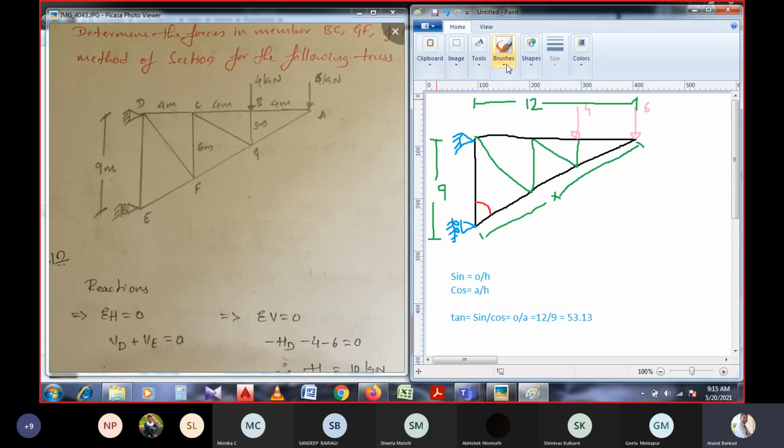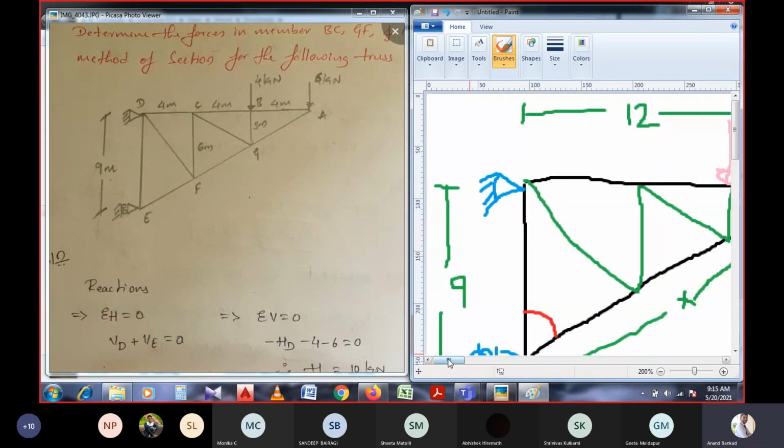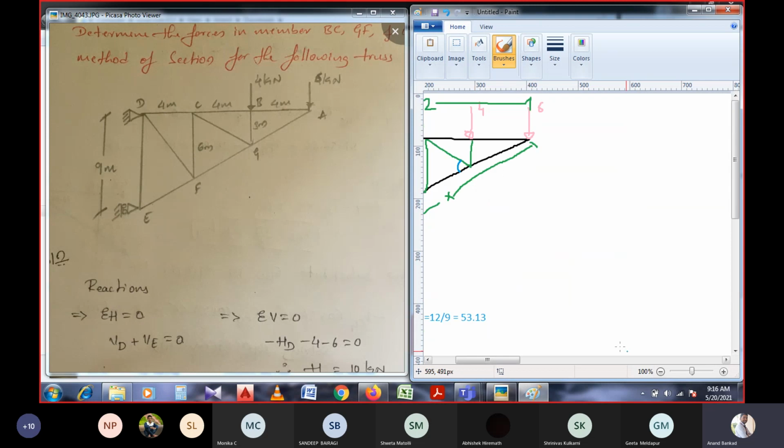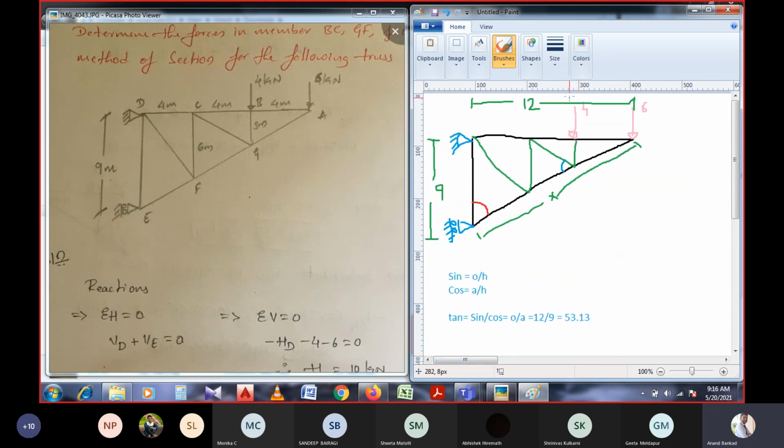So again, I would like to ask you, what is the angle of this one? Here in the question, the dimensions are given: it is 3 meter and 4 meter.